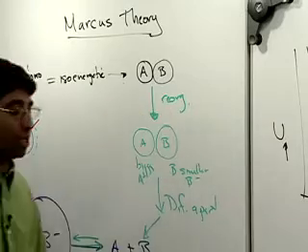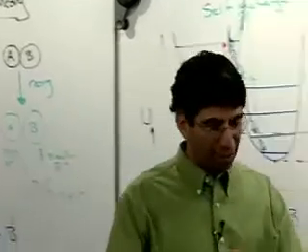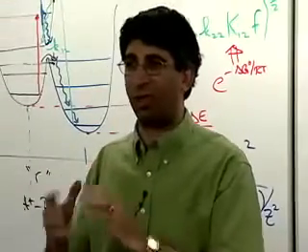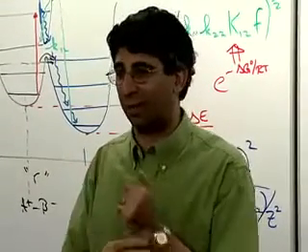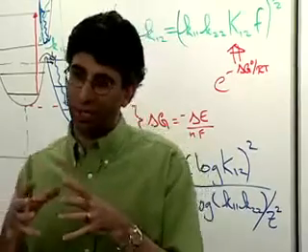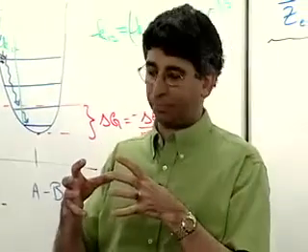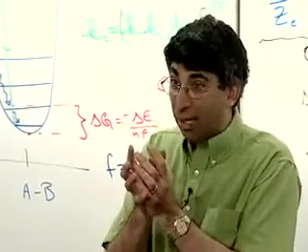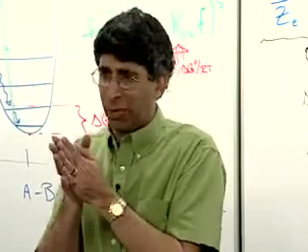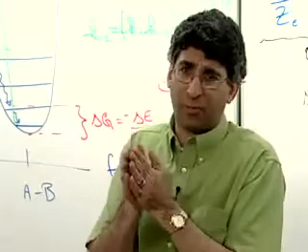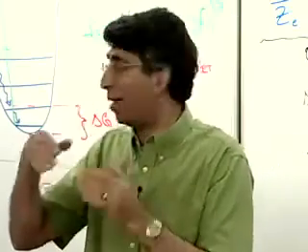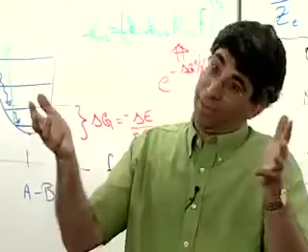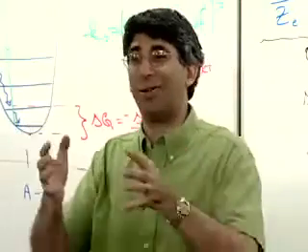Okay, that is, I need to think about this in a lot of detail, and Marcus did, and there's 2 kinds of reorganization, at least, that I have to be concerned about. The first is, if this is not just a sphere, but actually a real life molecule with bonds in it, there may be bonds in the molecule that have to readjust their bond lengths. For example, perhaps I'm moving this electron into an anti-bonding orbital, and that would make bonds longer. Or potentially I'm moving it into a bonding orbital, and that'll make bonds shorter.